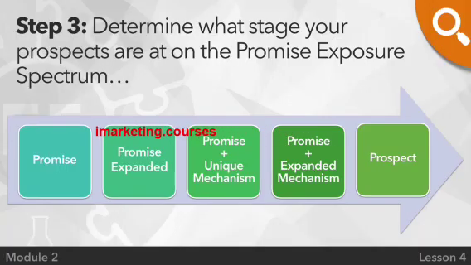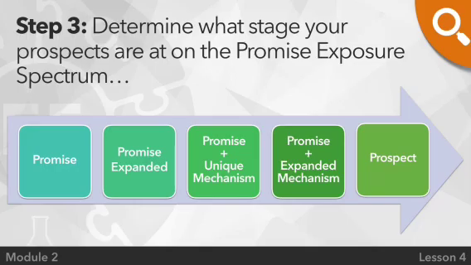Now, the last thing that I'm going to share, and we're going to get more into this in a later module, in a later lesson, is that when you are in the information publishing arena, stage 3 is one of the easiest messages or funnels to create, because we can create a unique mechanism out of thin air. You'll learn the 3 different ways that we create a unique mechanism during the engineering stage.